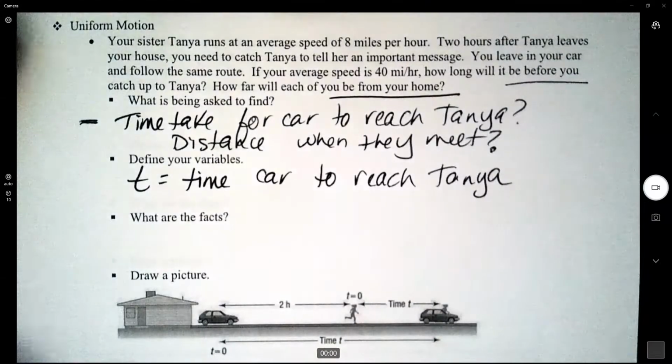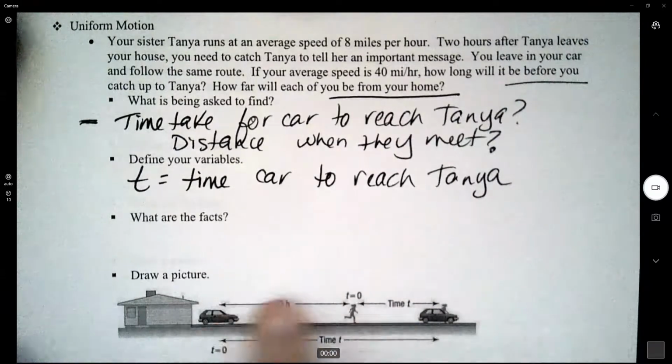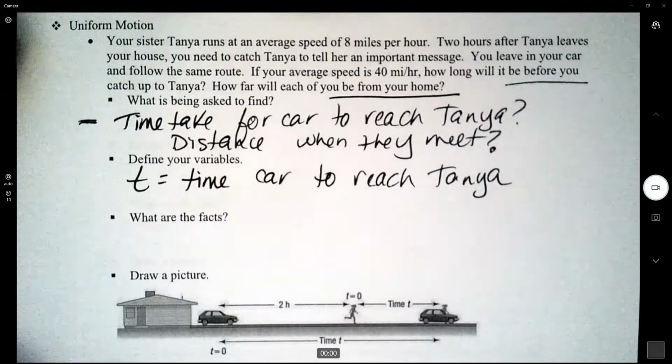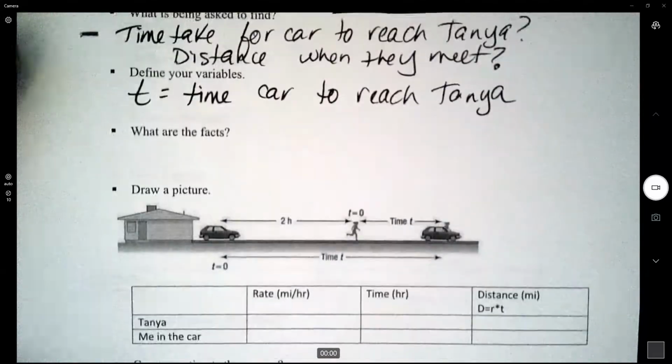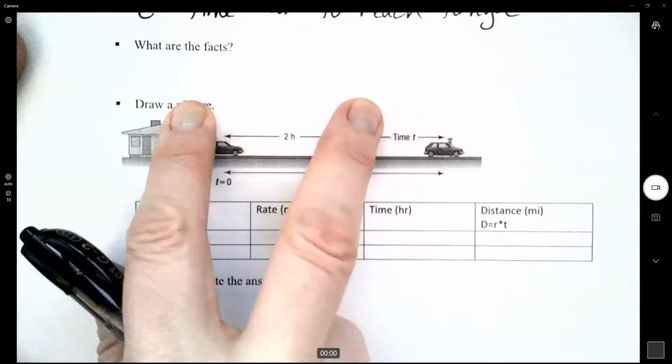Okay. When this occurs, the total time that has elapsed is going to be whatever this time is here, plus the original 2 hours that she was already running earlier. So let's look at the facts of this particular problem. What do I know?